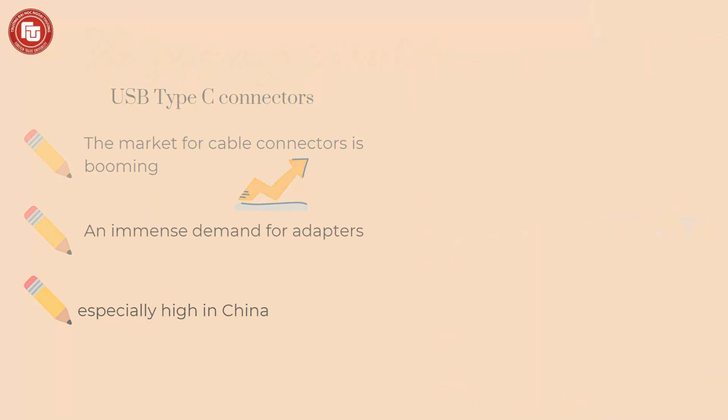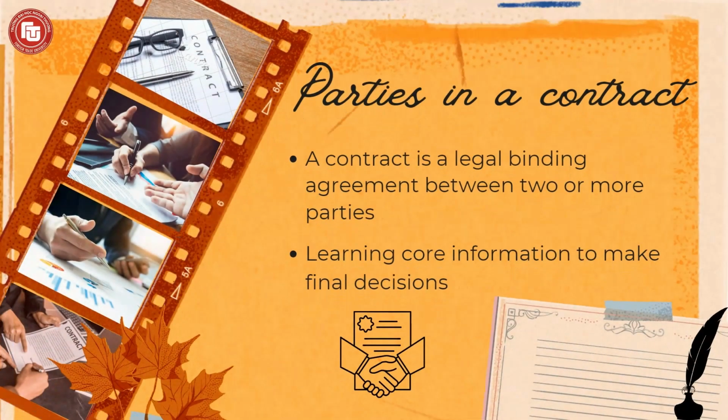Studying the parties in a contract is important, since a contract is a legally binding agreement between two or more parties. Once signed, these contractual agreements create a promise that certain rights and obligations will be fulfilled by each party.